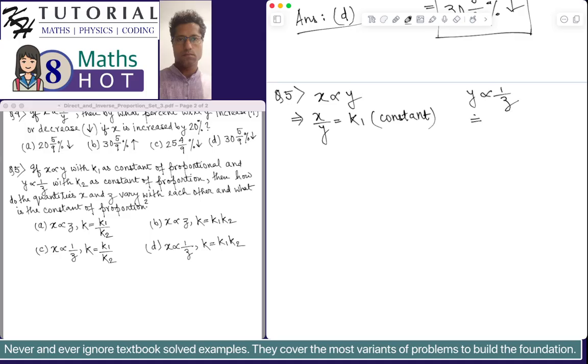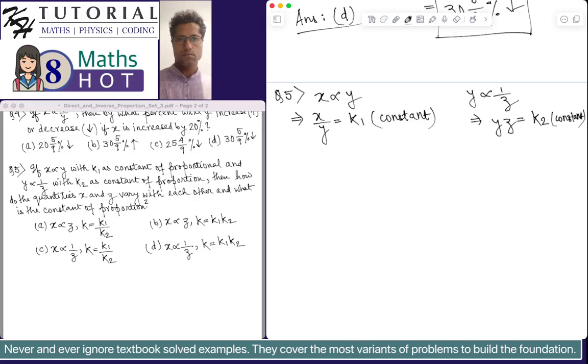So this implies we will have yz is equal to k2, which is a given constant. From these two facts, we have to tell how the quantities x and z are related, that is, how they vary with each other.